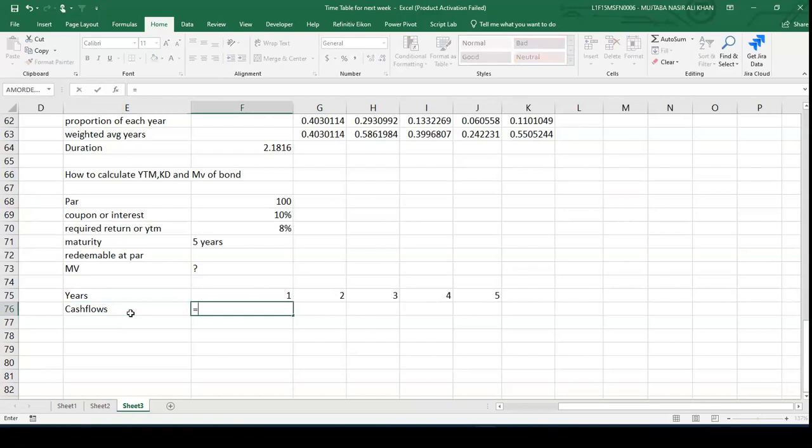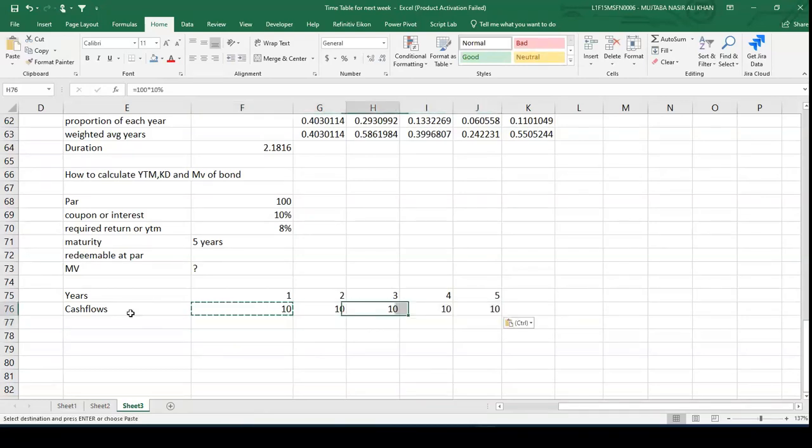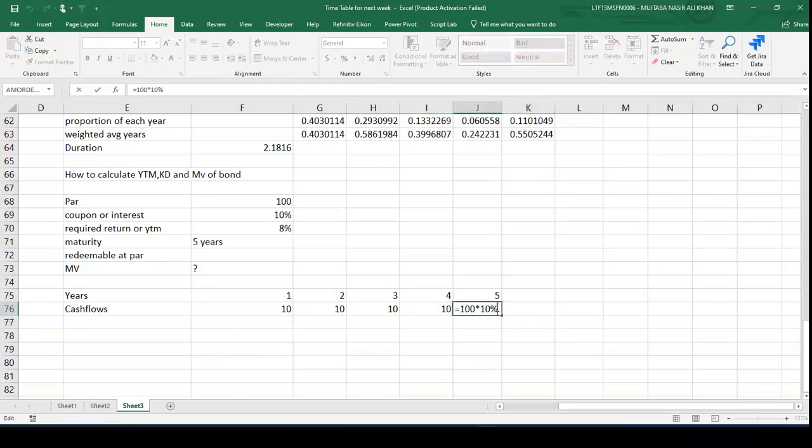Every year, you will receive the interest, 100 into coupon rate, 10. Every year you will receive this. And in the last year, you will receive the par value as well. So in the last year, you will receive 110.